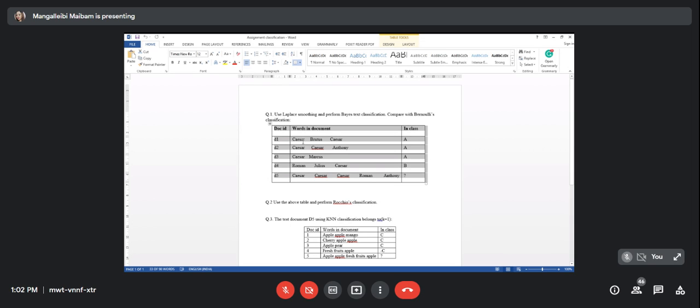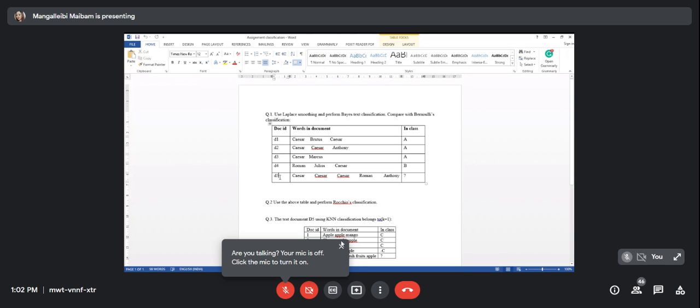We have four documents here and we have one test document, D5. You have to check to which class D5 will be assigned based on Rocchio's classification.